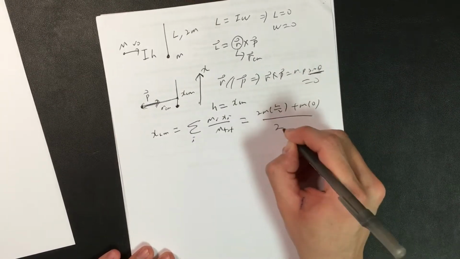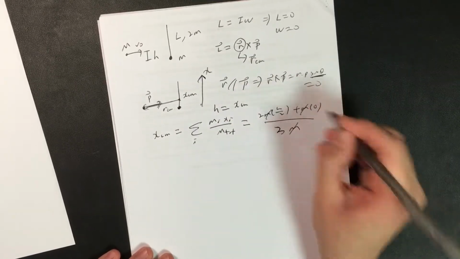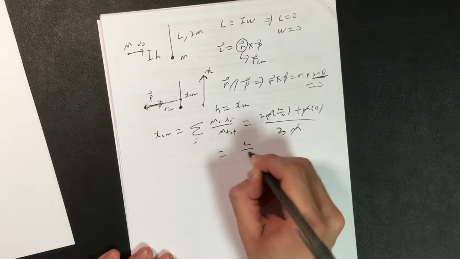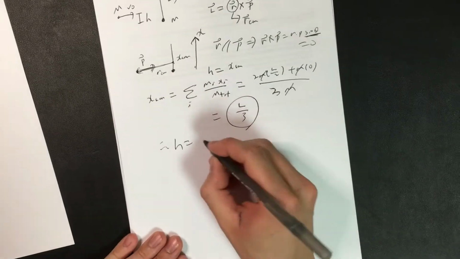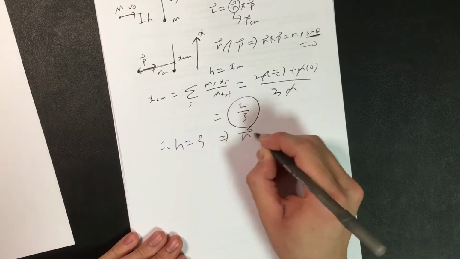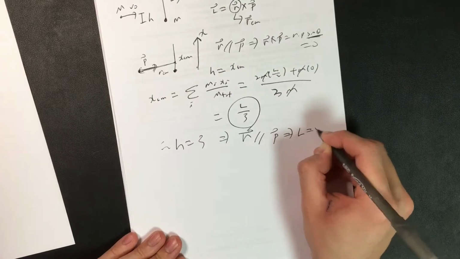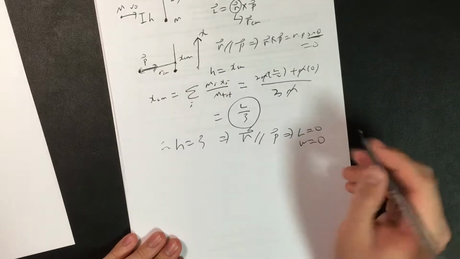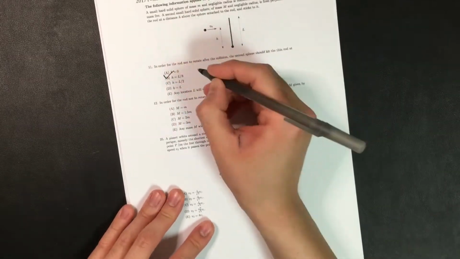And this is divided by 3m, because 3m is the total mass of this system. Crossing out the m, I get center of mass as L over 3. So therefore, if h equals L over 3, then that means r is parallel to momentum, which means L is 0, as well as omega equals 0. So on the answer choices, B would be the correct answer.